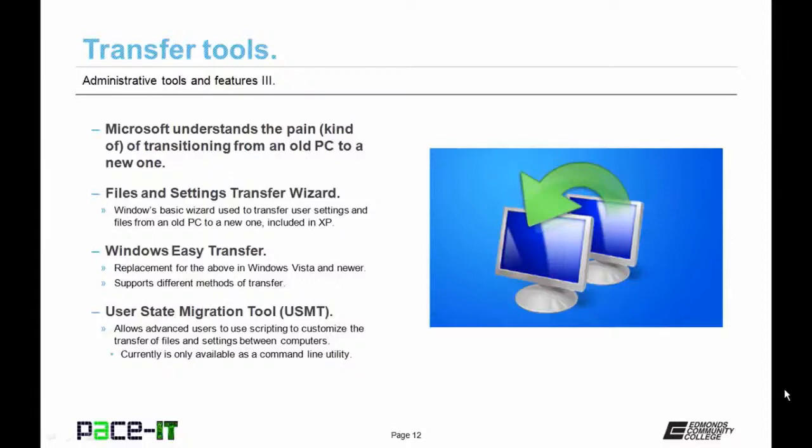But it is still fairly basic. For the advanced user, there's the User State Migration tool. This allows advanced users to use script to customize the transfer of files and settings between computers. And it's currently only available as a command line utility.